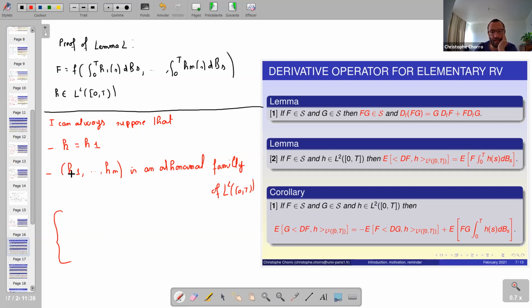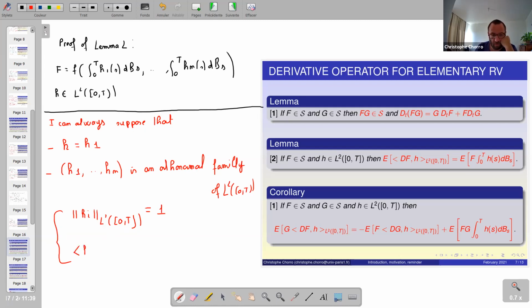It means that I have here mappings with norm 1, that is, the norm of Hi in L2 of 0 capital T is equal to 1. It's the meaning of being normal. The norm is 1 for all of them.